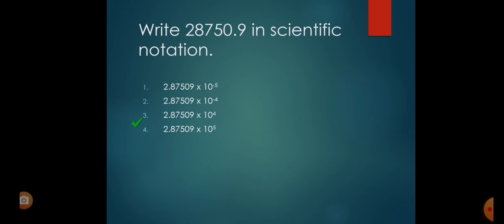You will move the decimal point after the first non-zero digit, that is the 2, and the decimal is moving to the left, so the exponent power will be positive. I revise: whenever the decimal point moves towards the left, it always comes with the positive power, and whenever the decimal point moves to the right, it comes with the negative power.